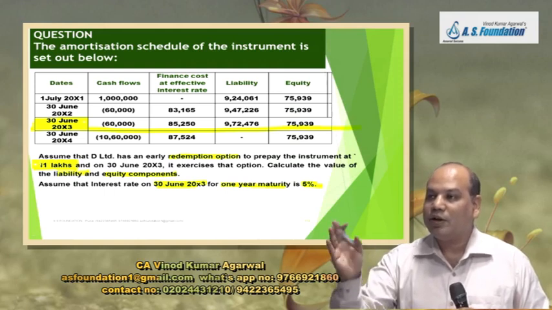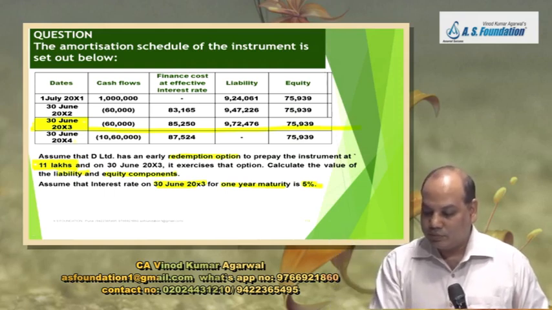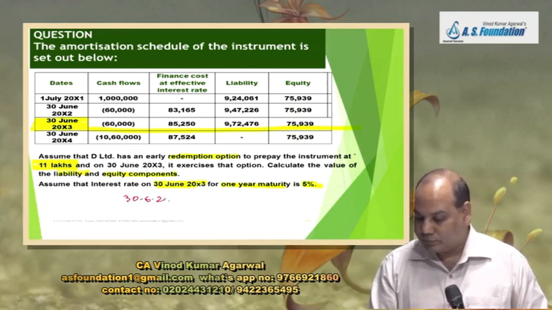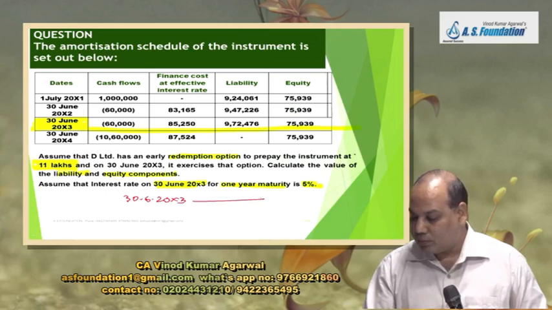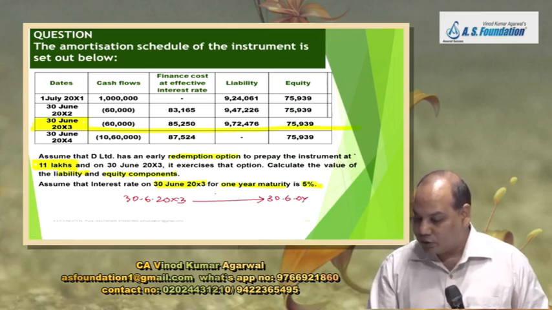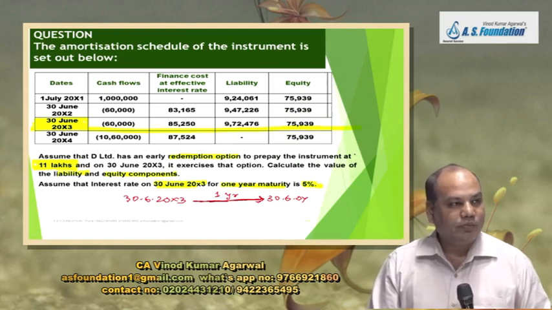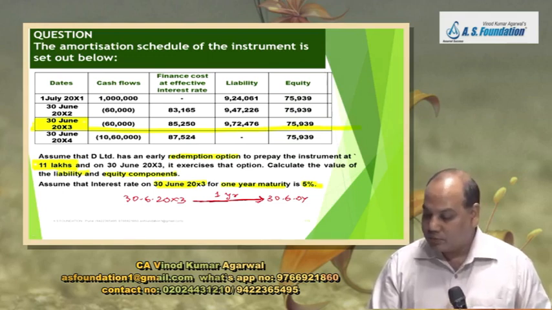How many years are remaining now? 1. If you are redeeming on 30th June 2003 and the maturity date is 30th June 2004, it means we are 1 year away from maturity.